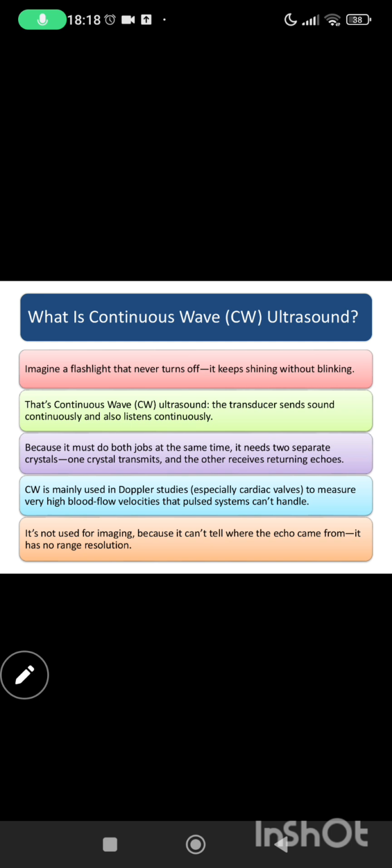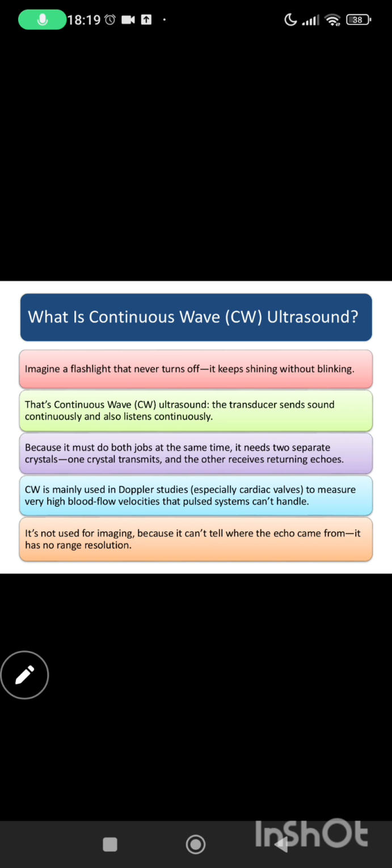Because there is no aliasing. Because there is no off time, you never miss a movement, and there is no Nyquist limit. Because there is no off time, there is no Nyquist limit and no aliasing.